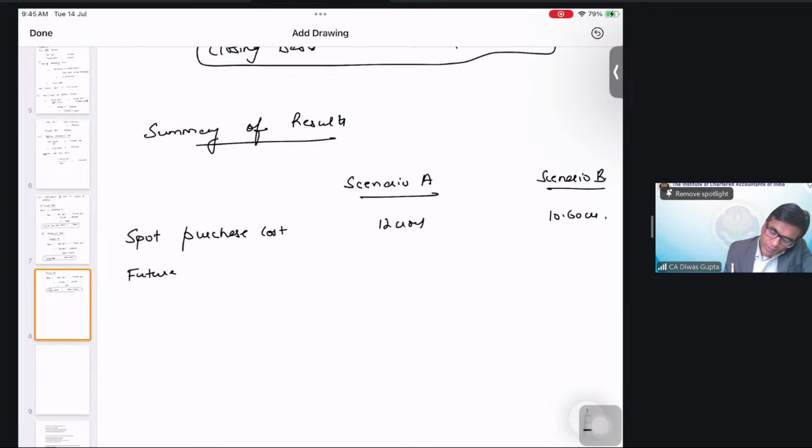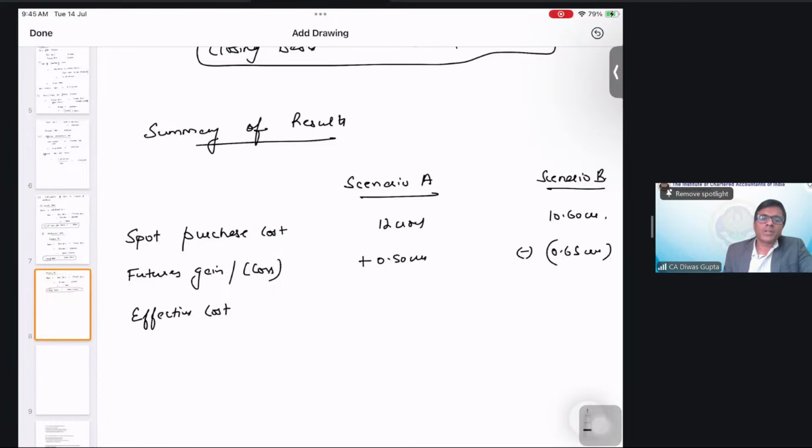Futures gain or loss: plus 0.50 crore, minus 0.65 crores. Correct? Effective cost is 11.50 crore. Although it says plus, it will be reduced. And it was 11.25 crores, although it says minus, it will be added. Correct? Because loss will get added to the buying cost.